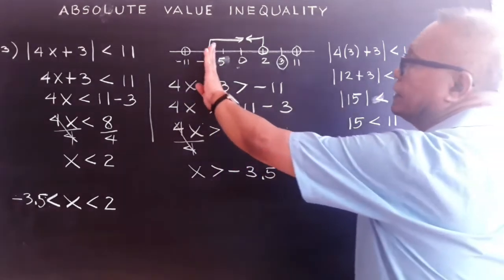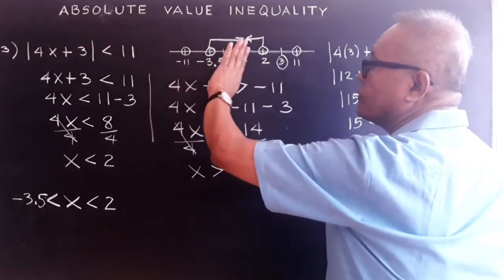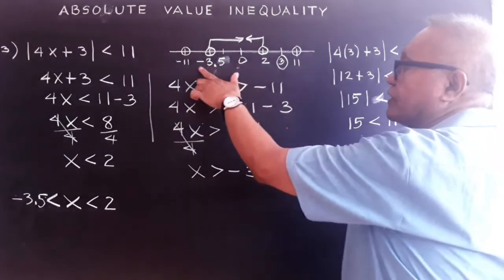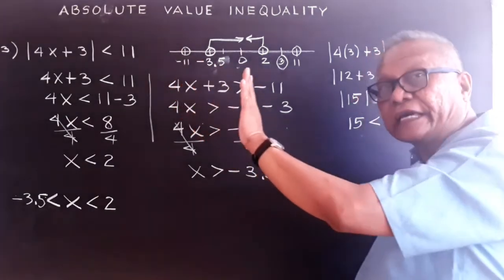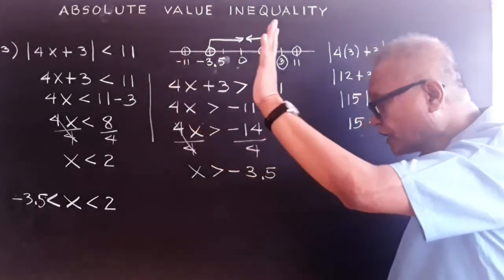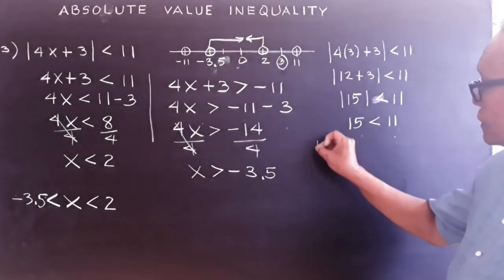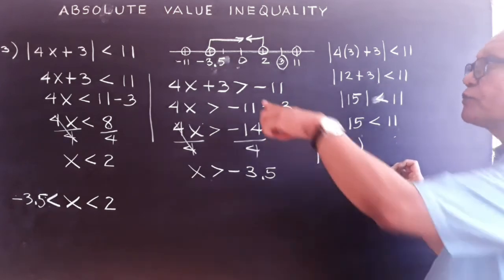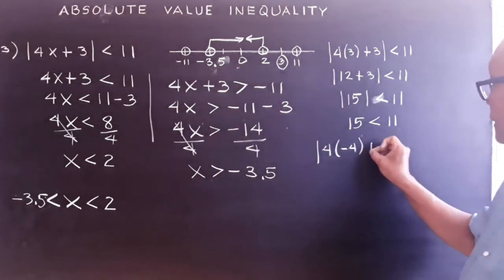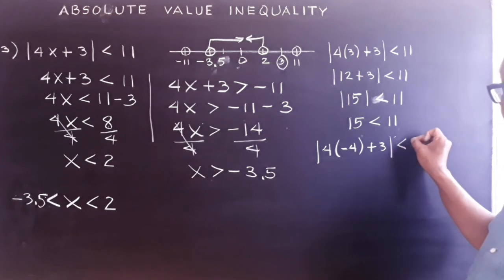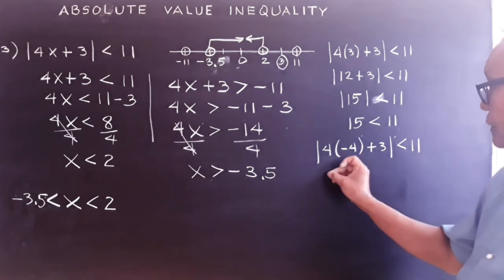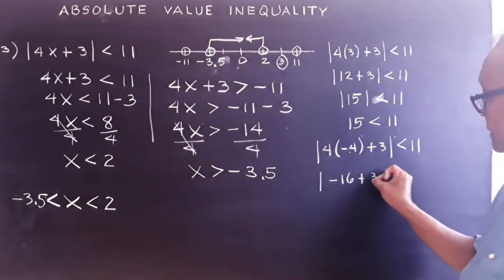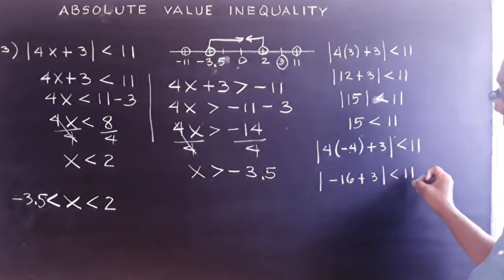What about them here on the left of negative 3.5? Are they included? Let us test the negative 4. Because this was negative 3.5, the next number will be negative 4. So here 4, we test the negative 4, which is on the left of the negative 3.5, plus 3 is less than 11. This one, 4 times negative 4 is negative 16 plus 3, less than 11.